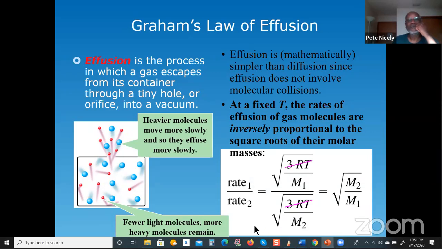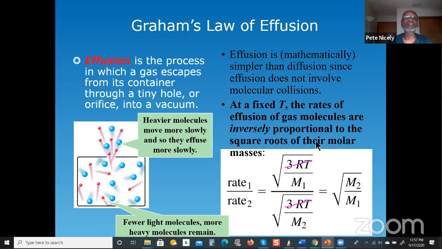So what this equation is saying is that the rate of the effusion of a gas is inversely proportional to the square root of the molar mass. You'll note that rate for gas 1 is here, and the molar mass of gas 1 is down here, and rate for gas 2 is here, and the molar mass of gas 2 is up here. So there's an inverse square root relationship between the rate of effusion of a gas and its molar mass.